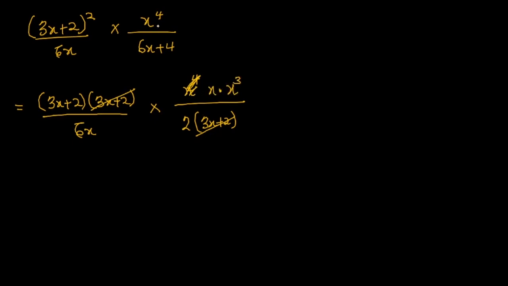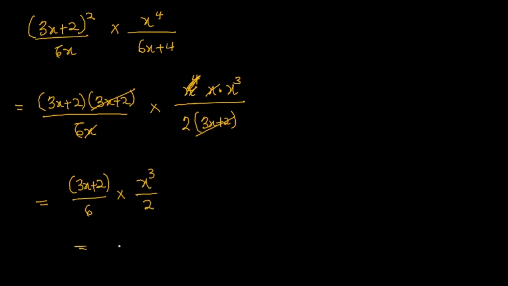That is the same as x to the power 4. So this x over here will cancel this x over here. So I'm left with 3x plus 2 at the top here.